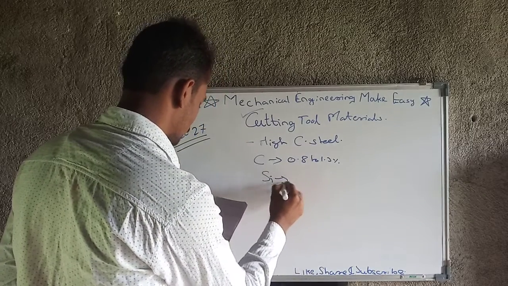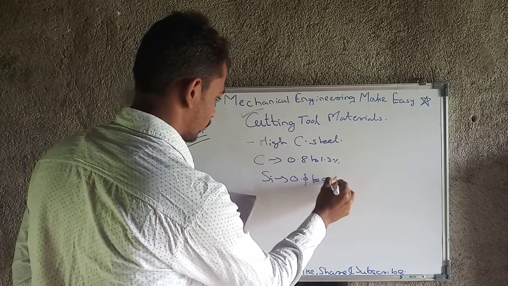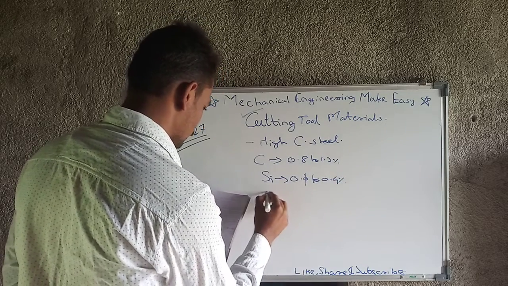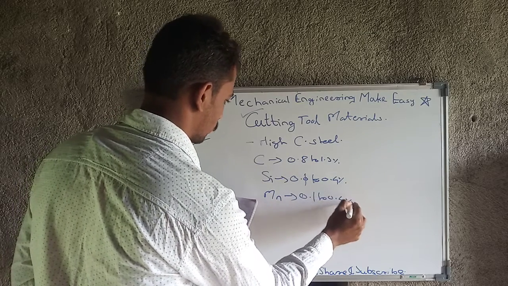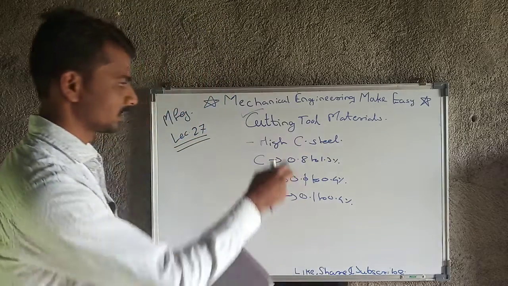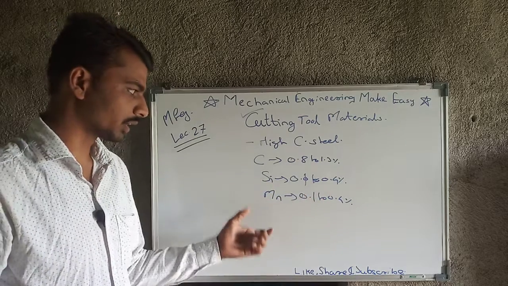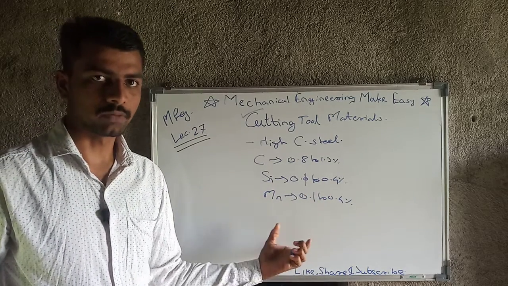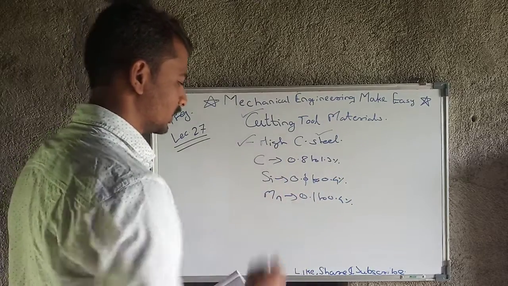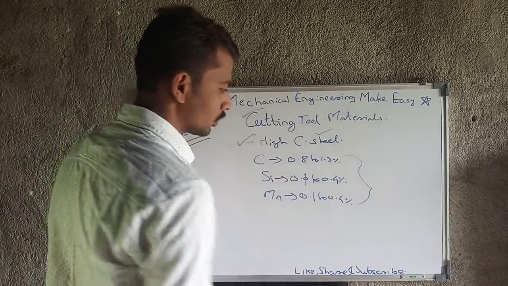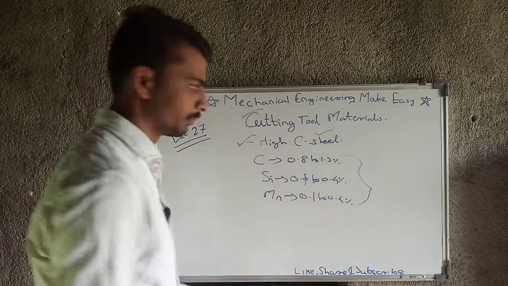Then silicon will be 0.1 to 0.4%, and manganese also 0.1 to 0.4%. As this is steel, it will contain some traces of other elements, and the major component will be iron. This is good, but it has one disadvantage.